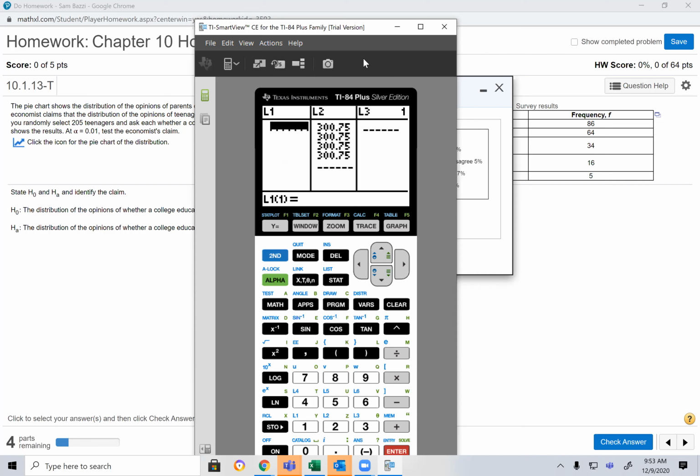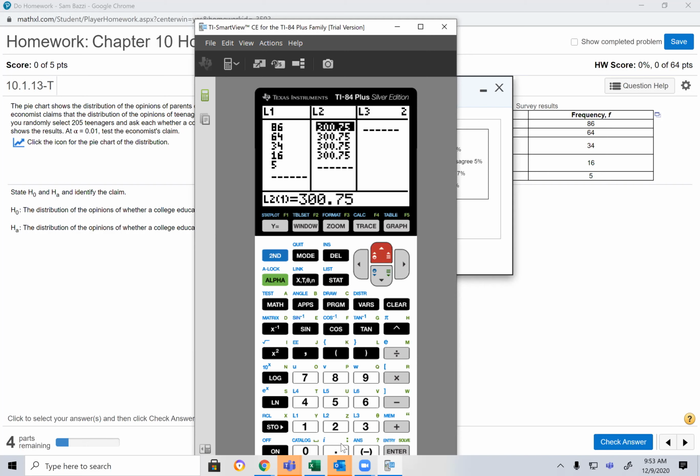Okay. So for L1, guys, you just enter the values given in the table: 86, 64, 34, 16, and then 5. Look, for the expected values, the first one is 55%.